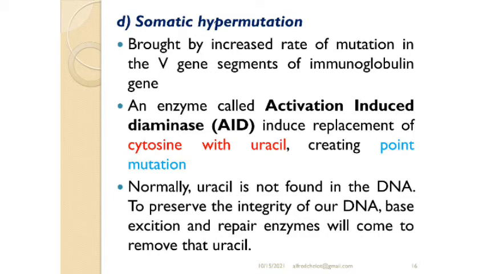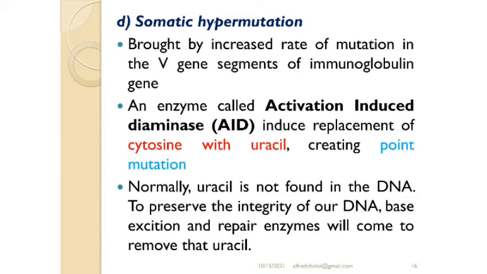We know from our basic biology that normally uracil is not found in the DNA. So to preserve the integrity of our DNA, base excision repair enzymes will come to remove that uracil. The enzyme that removes the uracil is called uracil DNA glycosylase.